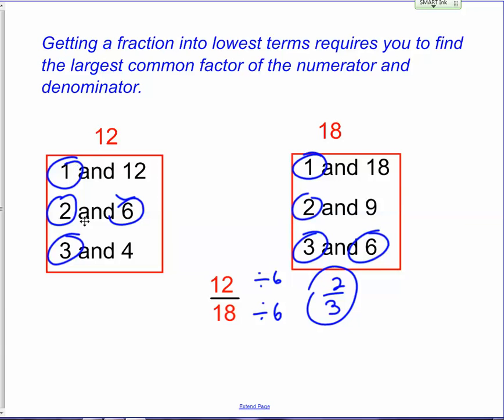And the biggest common factor they share is 6. So that means that I would circle each 6 parts that are shaded, and I'd have 2 bigger parts. And each of the 6 parts in the whole bar gives me 3 parts. So 12/18 in lowest terms, the biggest parts and the smallest numbers in the fraction, would equal 2/3.